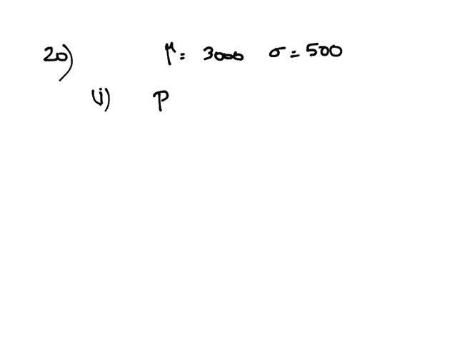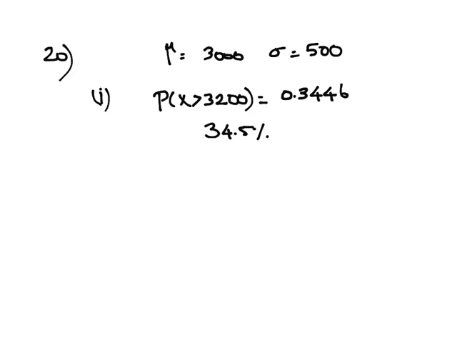So P of X greater than 3,200 is equal to, so if you use a calculator, you'll get 0.3446. So the answer is around 34.5%. The answer is 34.5% of townspeople have savings greater than 3,200.